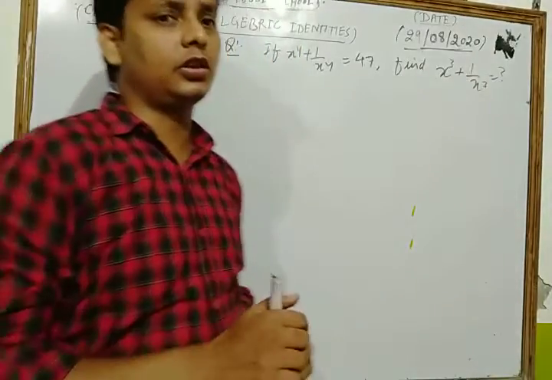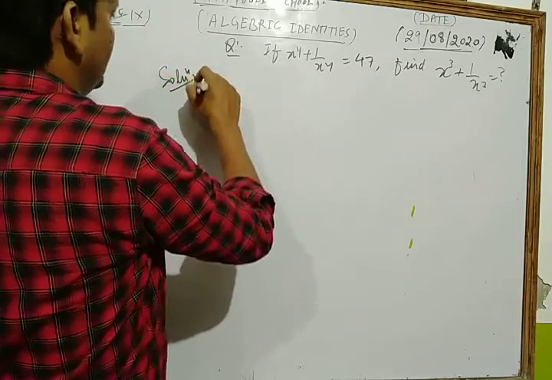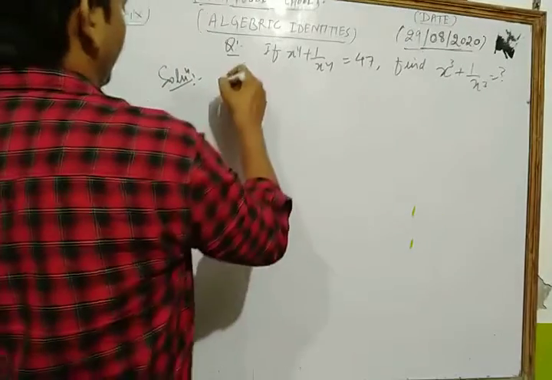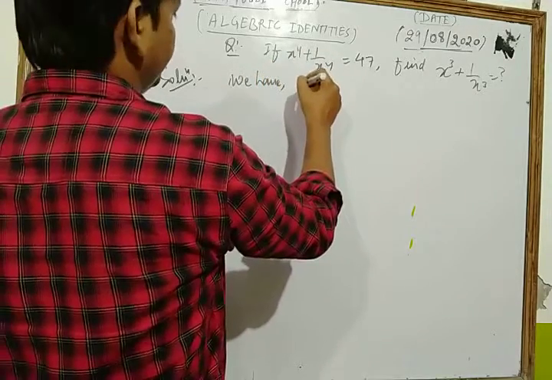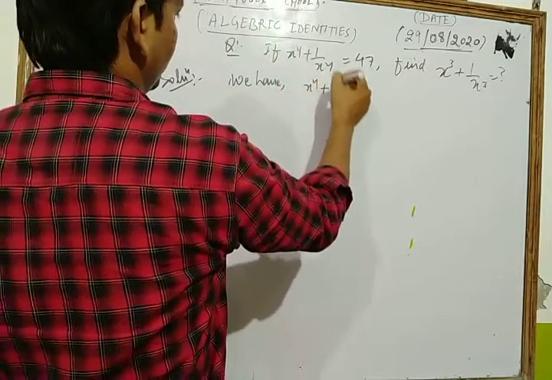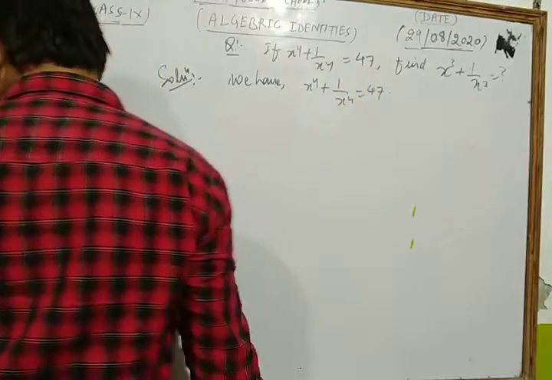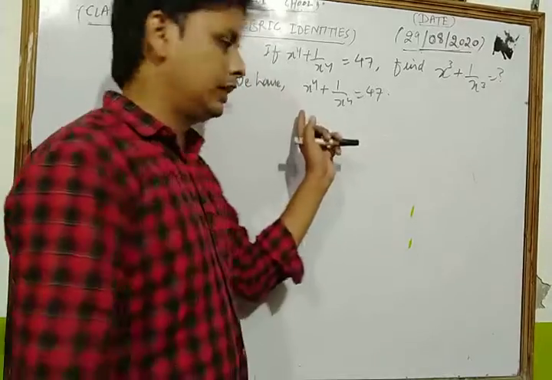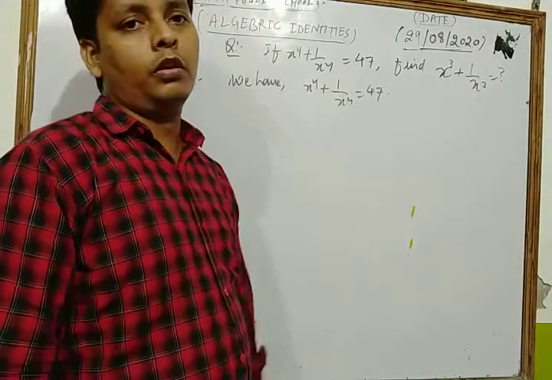Now dear students, let's see its solution. First, we have x to the power 4 plus 1 upon x to the power 4 is equal to 47.